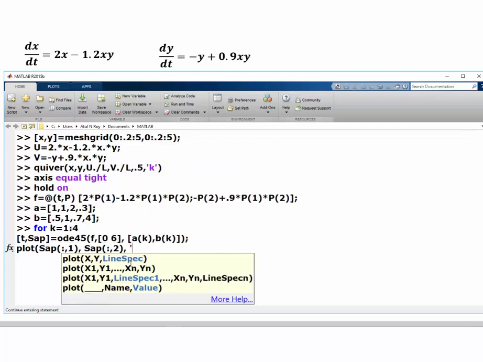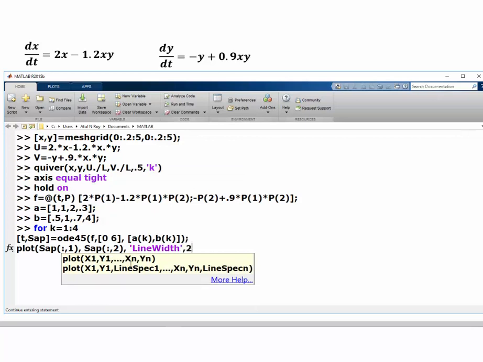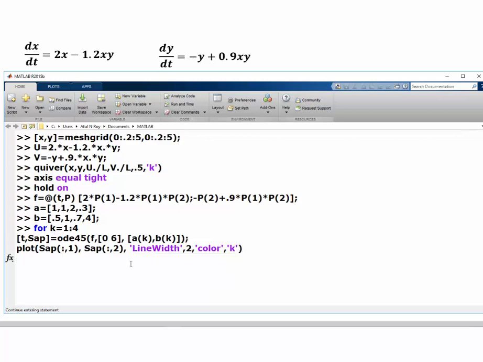Let's go with this smarter strategy: instead of going through the menu, we can just type it in the command. For color, we write k for all of them. Then we end the instructions, and let's see what we got.